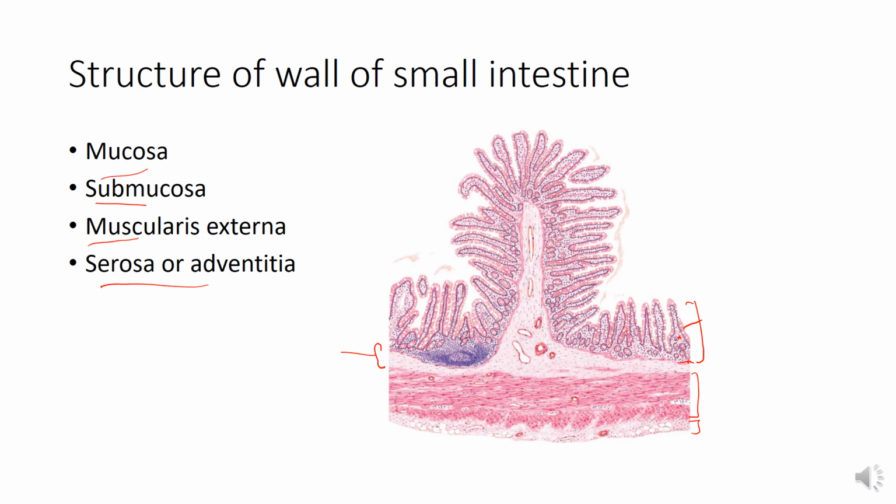Now what is the basic histological difference between serosa and adventitia? In serosa, a lining squamous epithelium is added at the outer wall of the organ. It has a thin layer of connective tissue, blood vessels, nerves, lymphatics, some fatty tissue, and a thin layer of squamous epithelium known as mesothelium. So this is serosa. While in adventitia, no mesothelium is present, only connective tissue, blood vessels, nerves, and lymphatics are present in the outer wall of the organ.